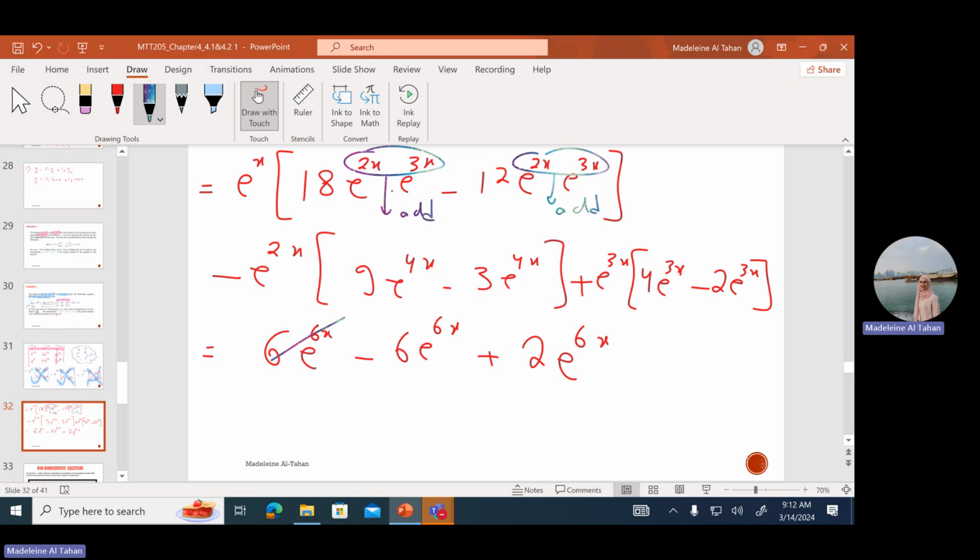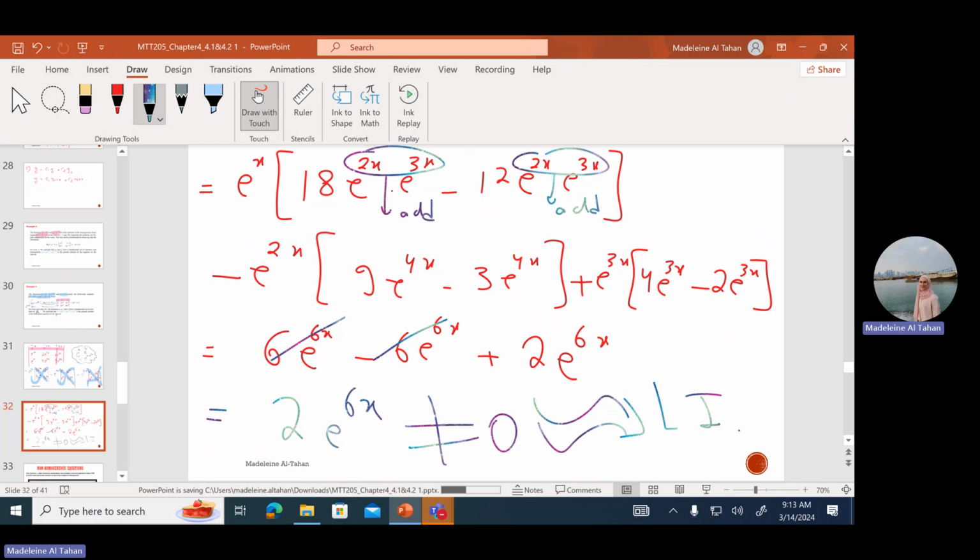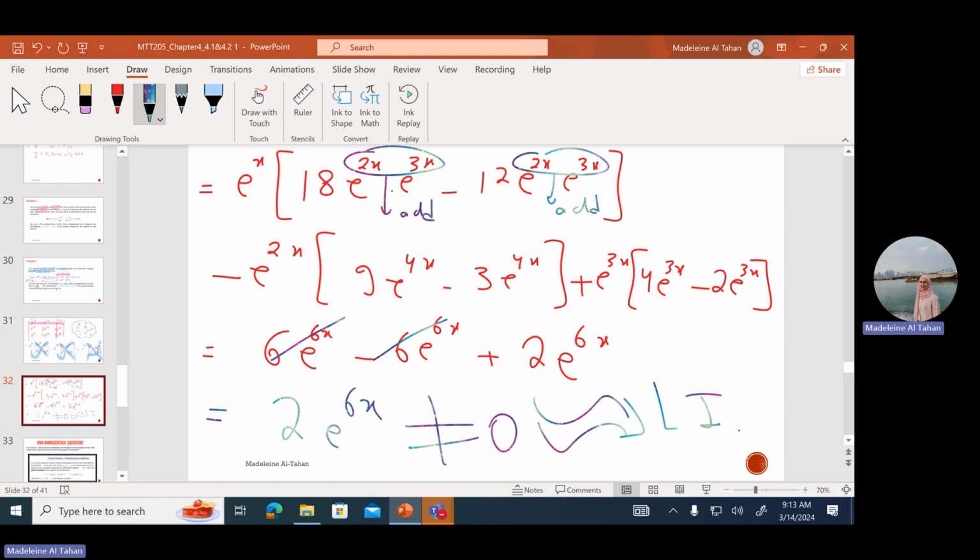These two are cancelled together. What did we get? 2e^6x. Is this one equal to 0? So what can we use? Linearly independent. Again, LI is the abbreviation of linearly independent. Do we have any questions?